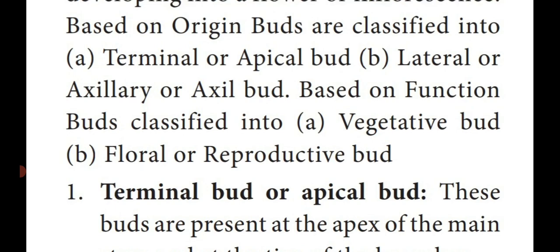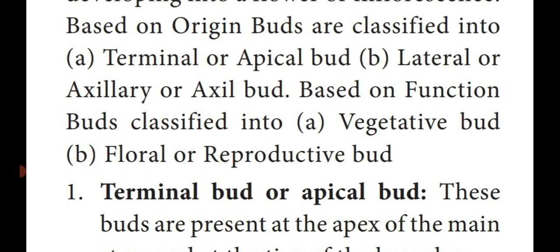The angle between the main axis of a stem and the stalk of a leaf, that angle possesses the bud. Those buds are known as lateral buds or axillary buds. So these are the two types of buds based on the origin. Origin means where it is produced. Tip means terminal bud. Axil means axillary bud.